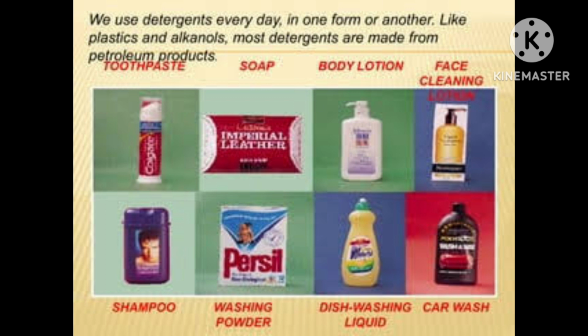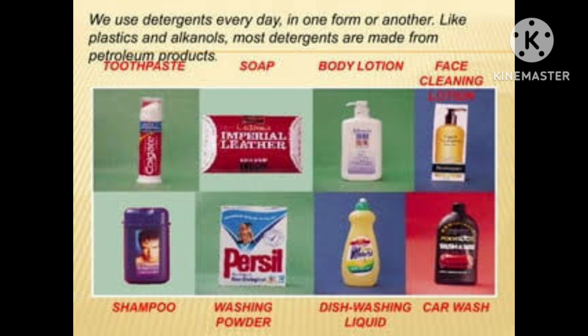Two terms I want to discuss which are related to soap and detergent. One term is surfactant, S-U-R-F-A-C-T-A-N-T. What is actually surfactant? Then sodium stearate. In soap, two parts are there.